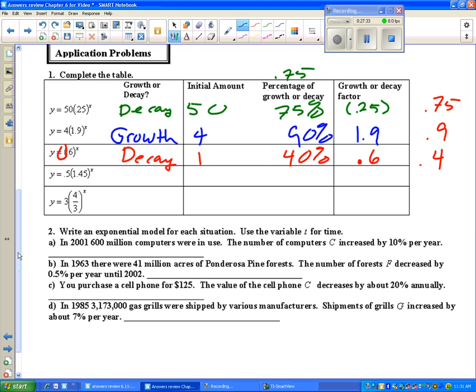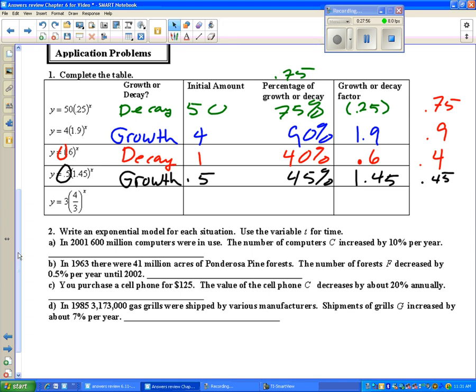Next one, 1.45 is greater than 1, so this is growth. My initial value is the 0.5 in front. In the parentheses, I have 1.45. So the difference from 1 is 0.45 or 45%.